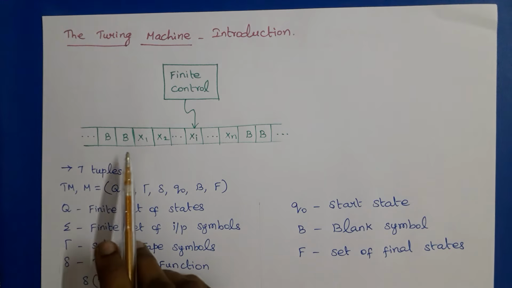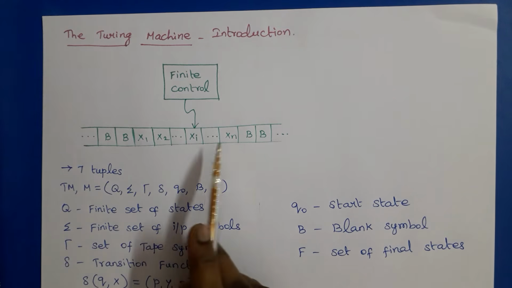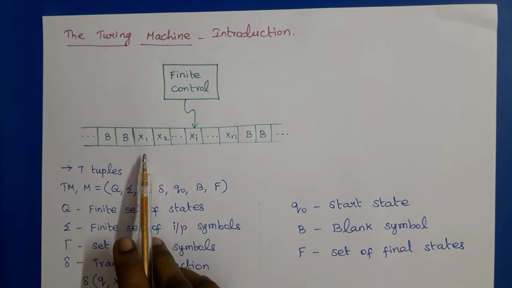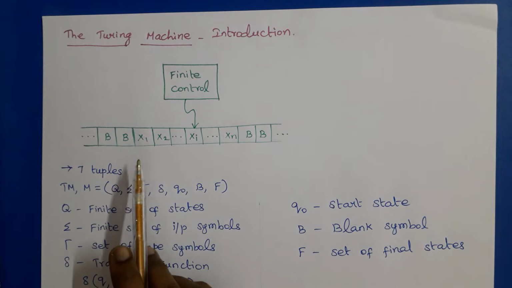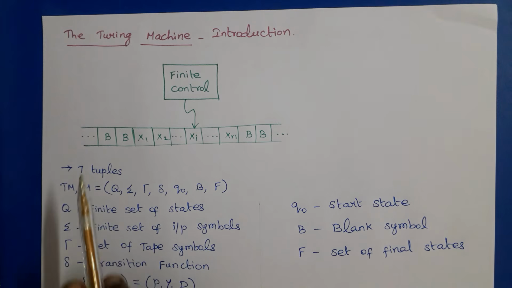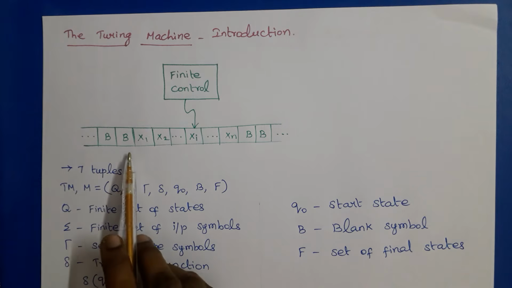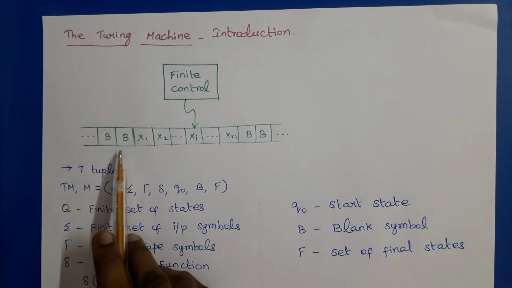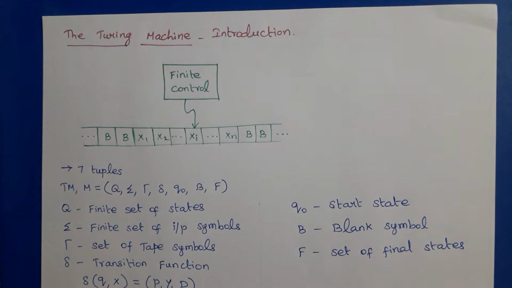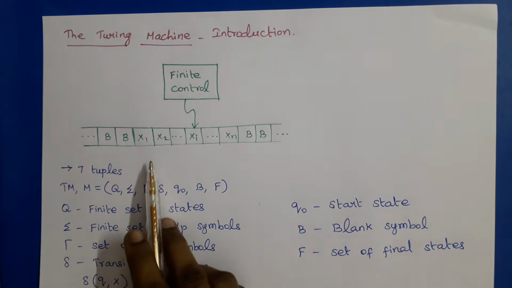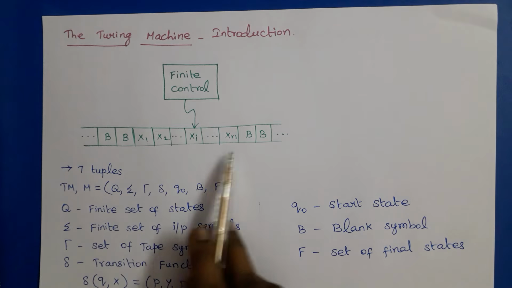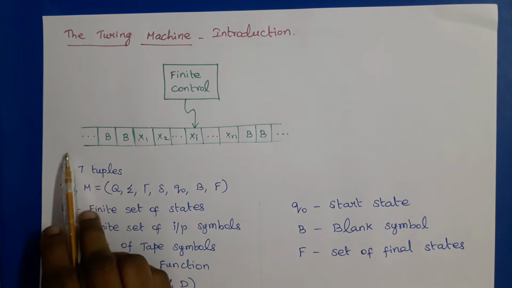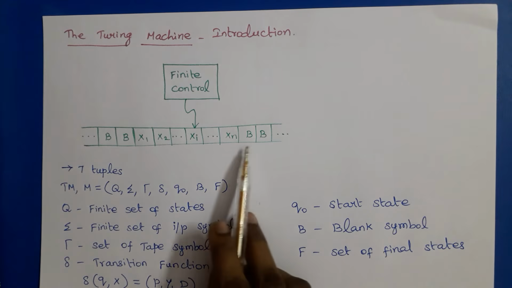This tape is divided into cells or squares, and each cell can hold any one of a finite number of symbols. So the cell can have an input symbol or blank. The input string can be placed on the tape and the rest of the cells can hold blank symbols.